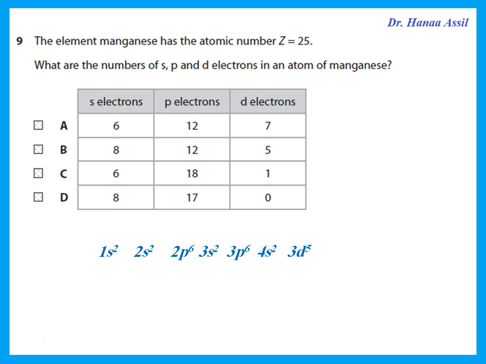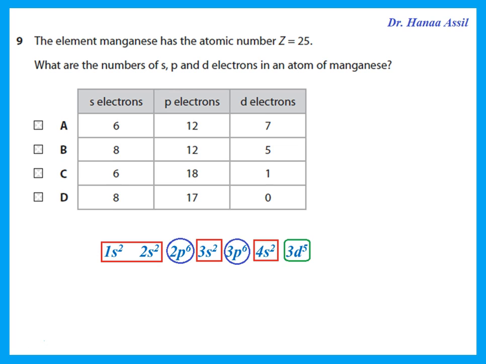That is the electronic configuration. Okay, he wants how many s, how many p, how many d. You can see the s's are 2 plus 2 plus 2 plus 2, so we have 8 s electrons. How many p's? We have 6 plus 6, that's 12. And we have 5 d electrons. Okay?